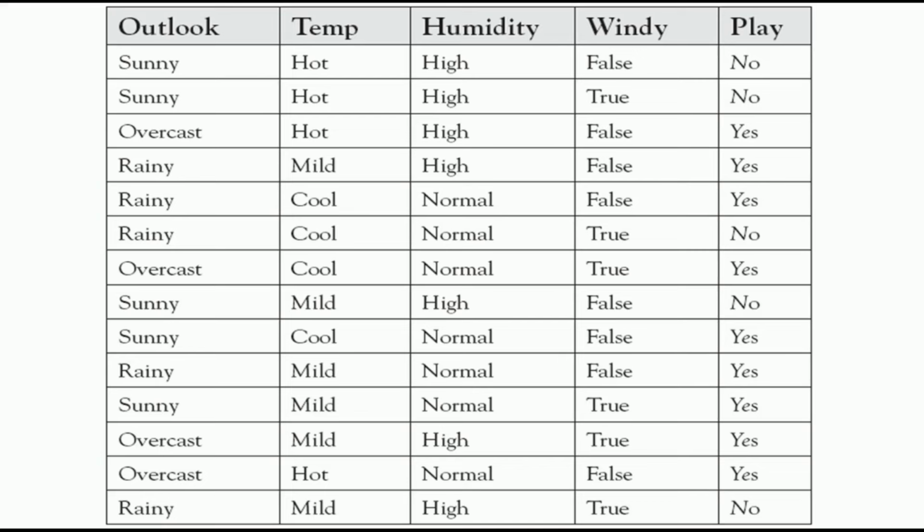Coming to the third attribute, humidity, it has 2 possibilities, high and normal, and windy has 2 possibilities, there is wind or there is no wind, true or false. The decision variable also has 2 possibilities, so this is a binary classification. Either the person will play tennis or will not play tennis given certain conditions.